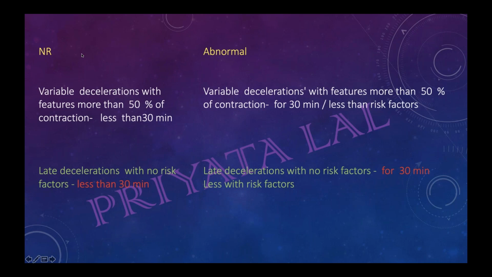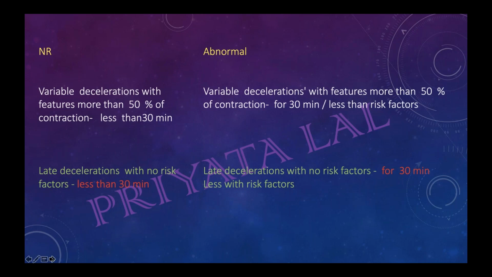I'm repeating it again: variable deceleration less than 30 minutes NR, more than 30 minutes abnormal. Late deceleration less than 30 minutes NR, more than 30 minutes or 30 minutes is abnormal. If you just put this basic thing in your head, most of the things will be easy.